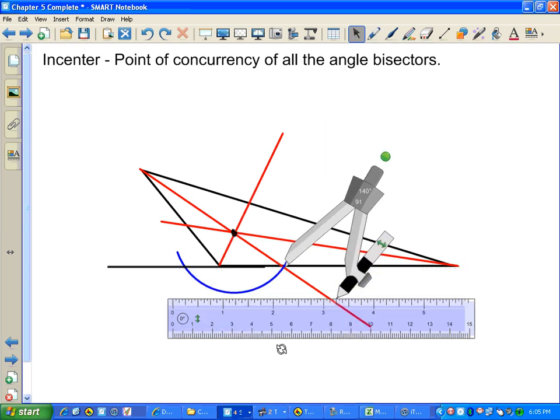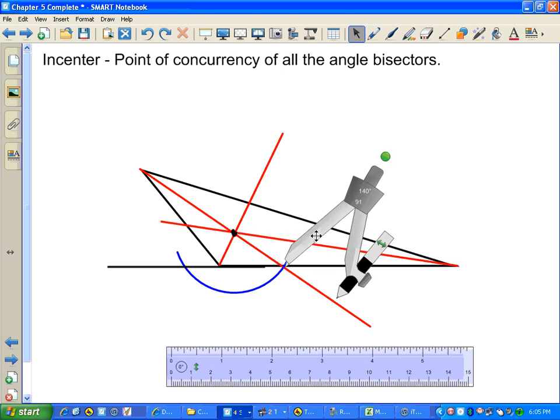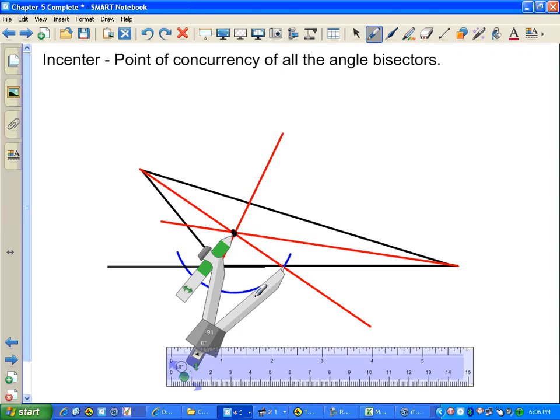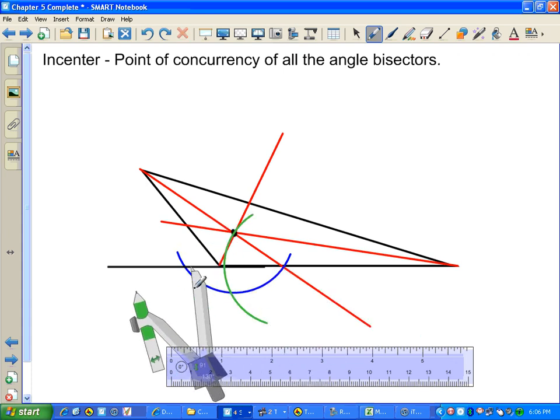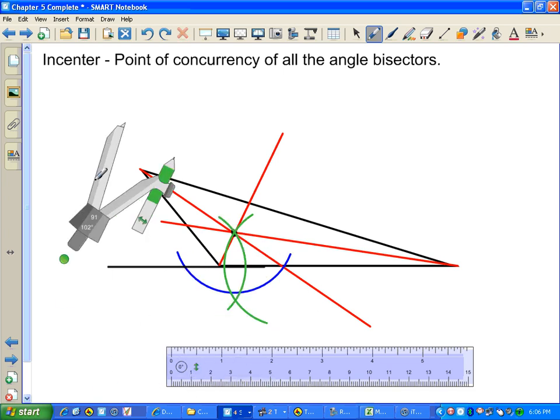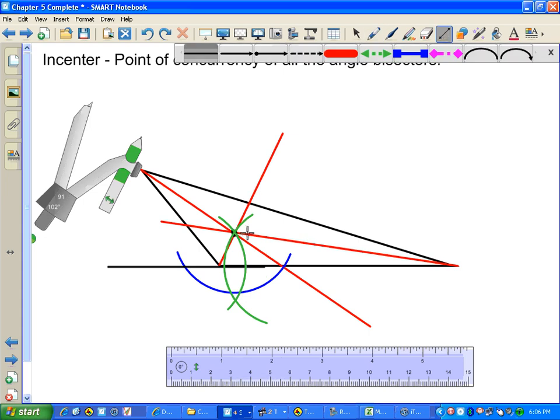Okay, and then I'm going to bisect that. So I'm going to do my bisector now, and it should go right through that point. Okay, so when I make this will be my new segment here.